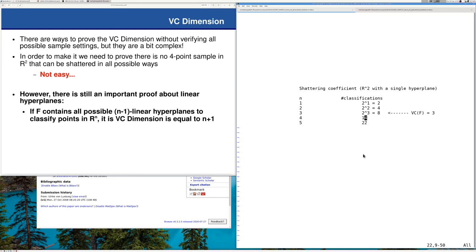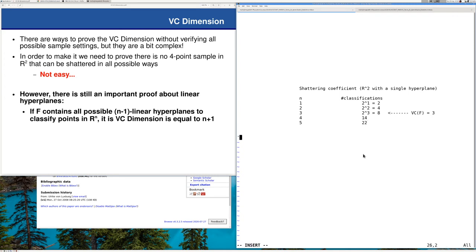From here, the complexity of the number of classifications, which is exponential up to here, starts being polynomial afterwards. That is the point where the complexity of our shattering coefficient becomes polynomial.